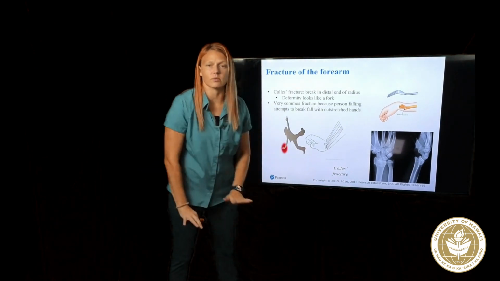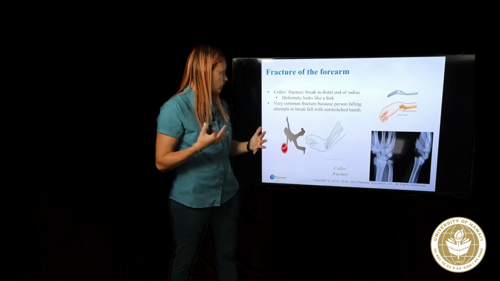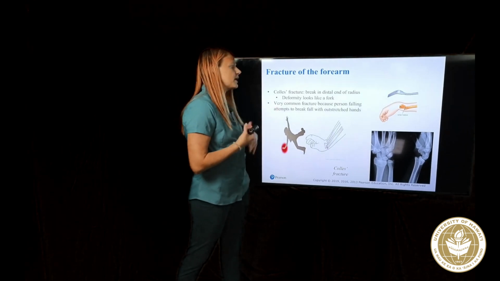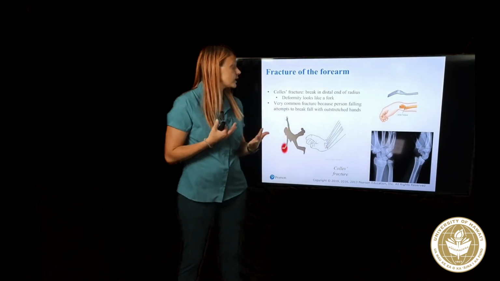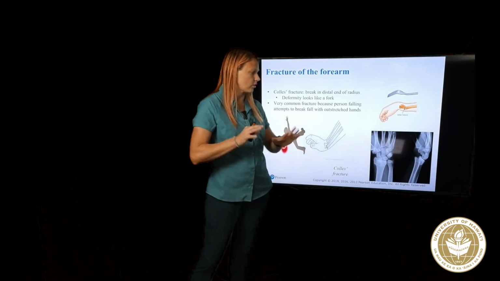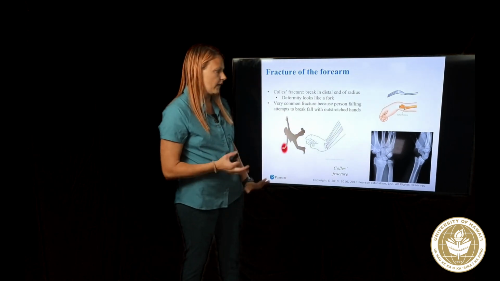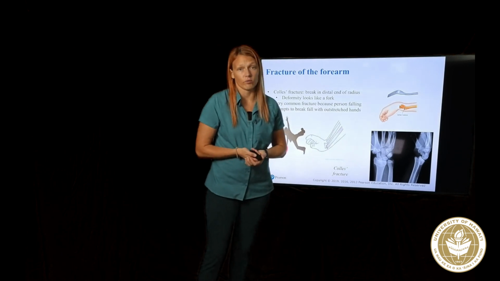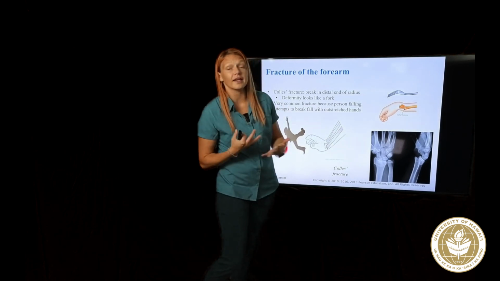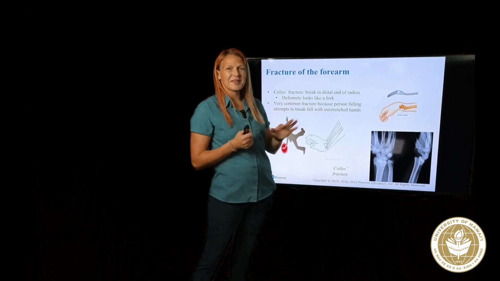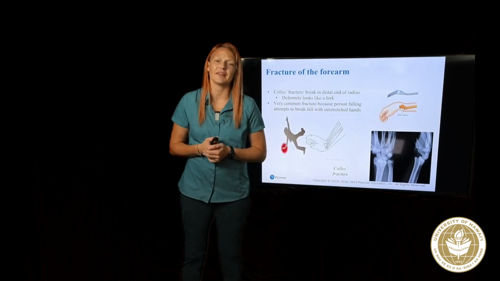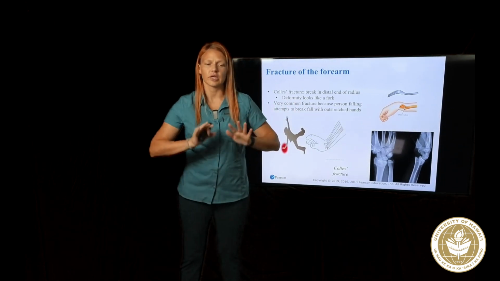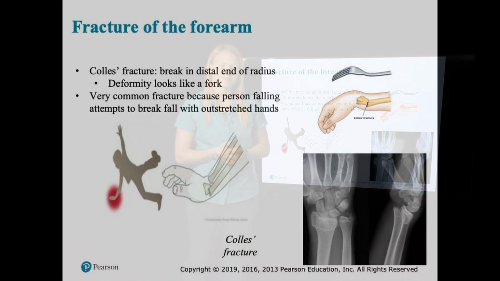It's exactly what we do when we fall. It's just instinctual. So this is very common because a person that's falling is trying to break their fall with outstretched hands, and that's going to cause a fracture in the distal end of your radius. If you go into a clinical setting, this might be something that you see a lot in the ER from people that are trying to brace their falls.